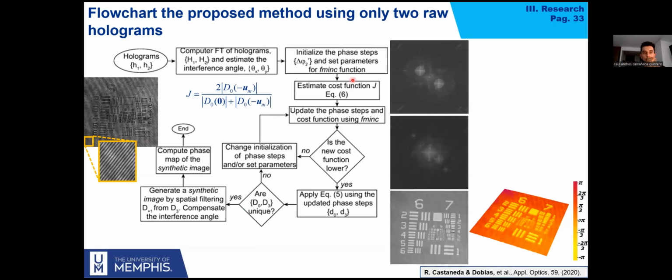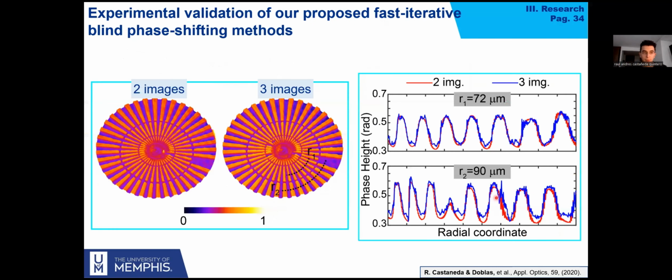Okay, so the algorithm starts to compute the cost function, right, until it obtains the lowest value possible. When the lowest value possible is obtained, the process of spatial filter and compensation starts to retrieve the phase information of the sample.